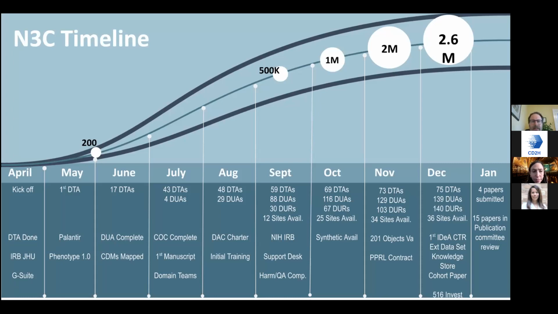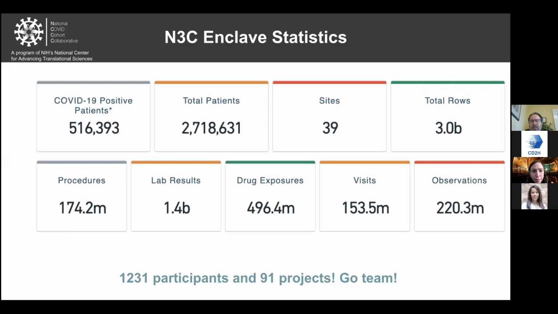Next slide, please. So this is just my last slide. This is as of this morning. You can see we've just crossed 500,000 COVID positive, almost 2.7 million total patients. Obviously, those include controls. 39 sites out of the 75 have been harmonized, curated, and are available. That's about 3 billion rows of data.